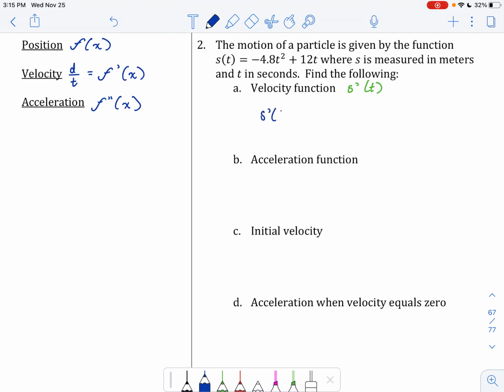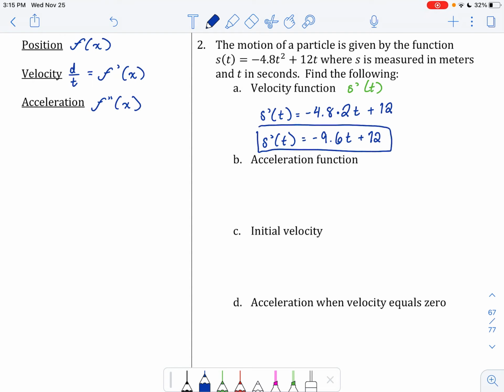So s prime here, we're going to use the power rule, negative 4.8 times 2t plus 12, which will simplify to negative 9.6t plus 12. And this is our velocity function, which you'll sometimes see also written, instead of s prime, as v of t.